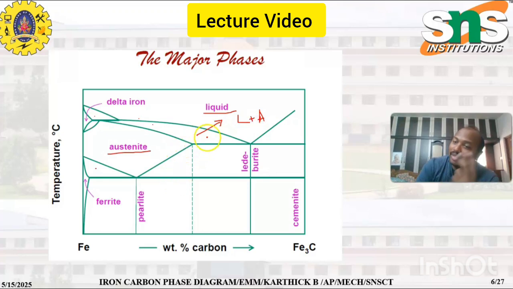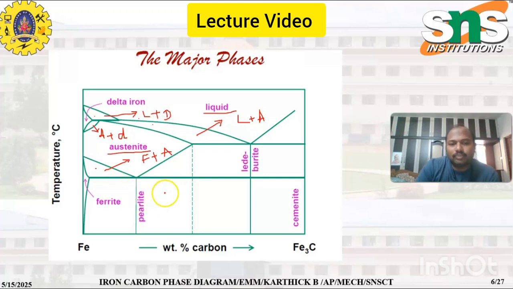In the same way, here you can see F plus A, that is ferrite plus austenite. In this loop there are two phases touching: delta iron and austenite, so D plus A or A plus D. In this particular loop, there are two phases touching: liquid and delta iron.